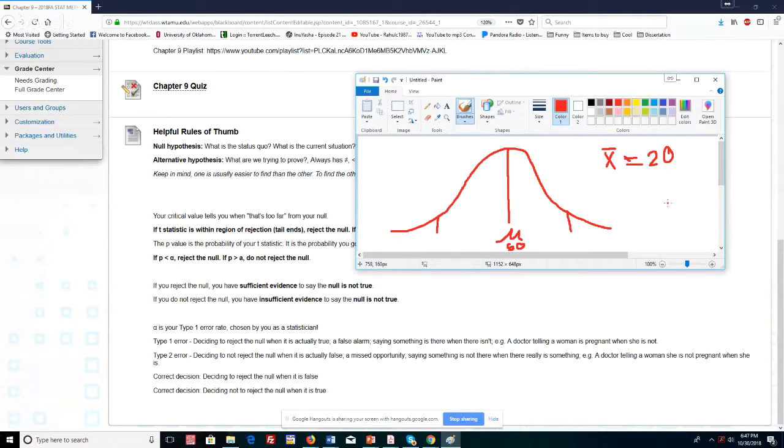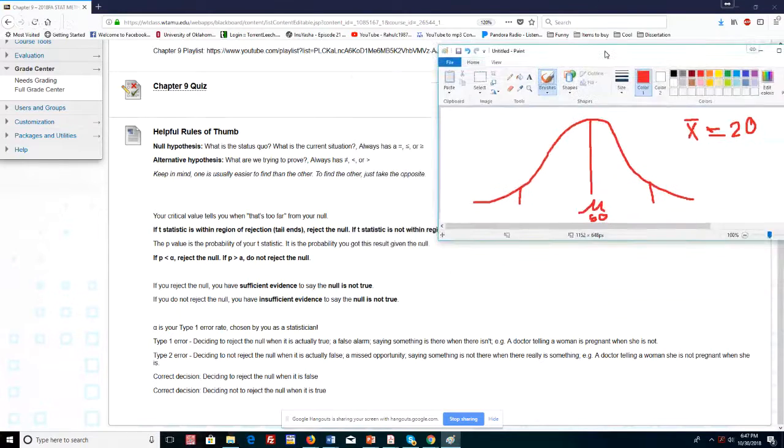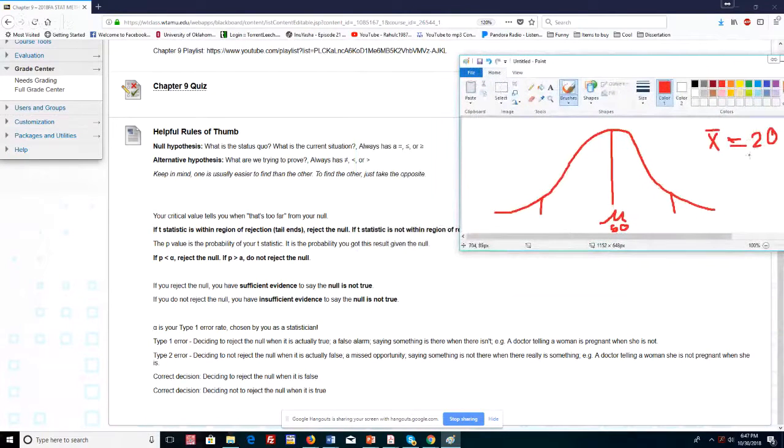Well, what's the probability that we would get 20 given that our null is true, or that the population average age is 50? So your critical value tells you when you think that's too far. And you would want to calculate your t statistic for this. For this class, we don't need to calculate anything.